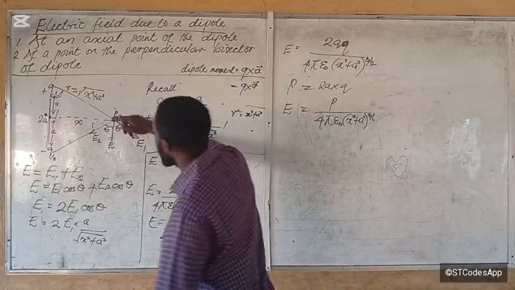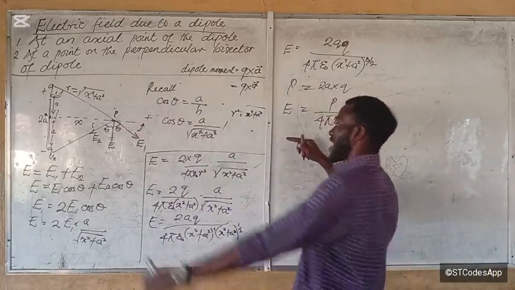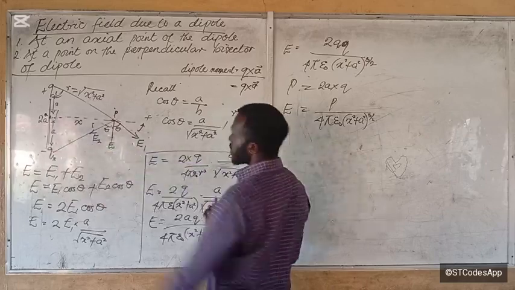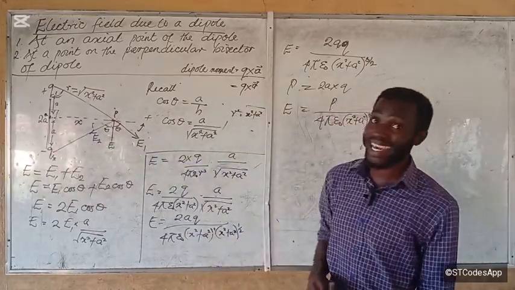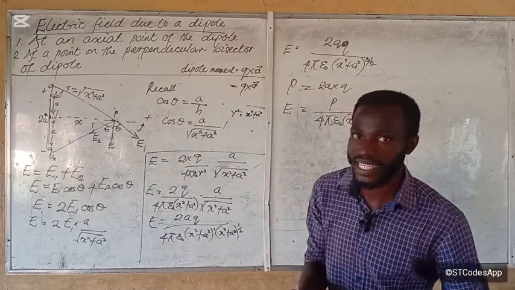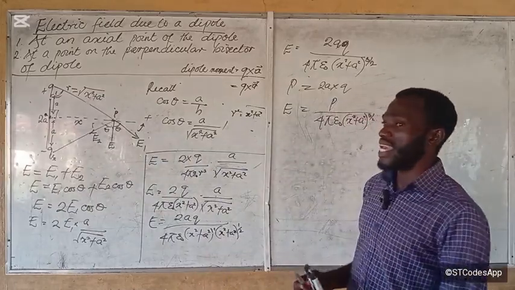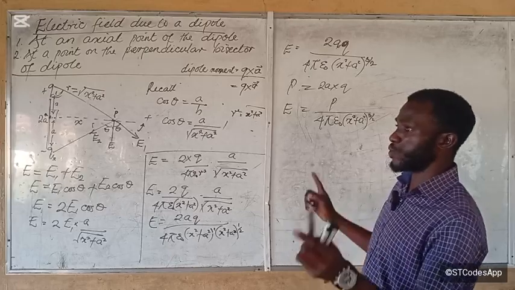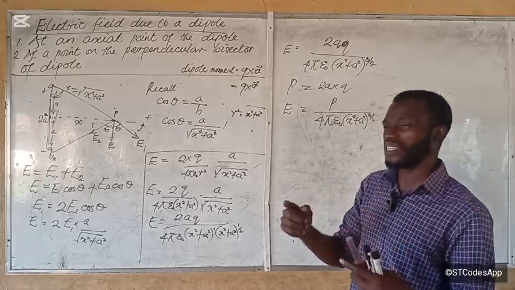What if we chose a point that is infinitely far, such that x is so large that a cannot catch up with it? The same idea holds. The contribution of a will be almost insignificant.